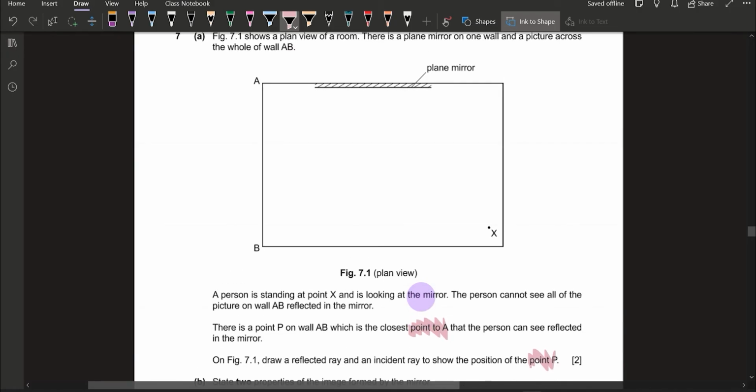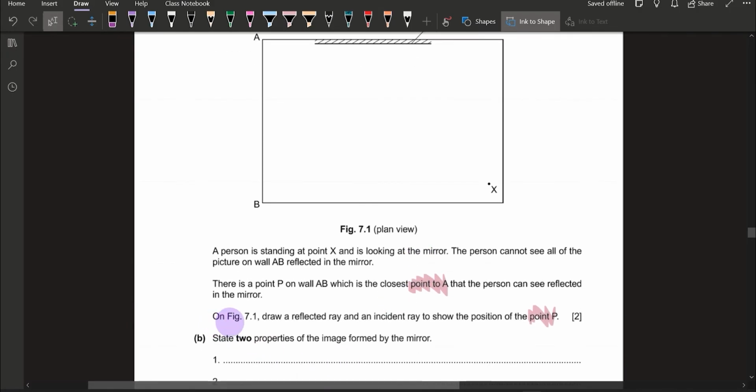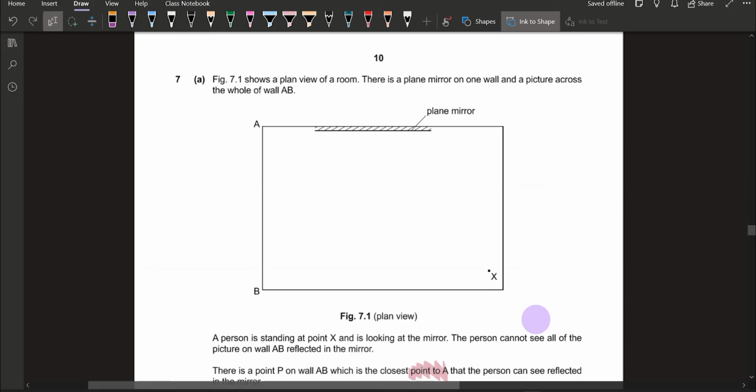So for drawing, it says on figure 7.1, draw a reflected ray and incident ray to show the position of point P. So what we can do is draw our point P somewhere here, closest to A, and we can reflect this ray. Let's suppose this is the incident ray which goes and hits the mirror, and we call it the incident ray.